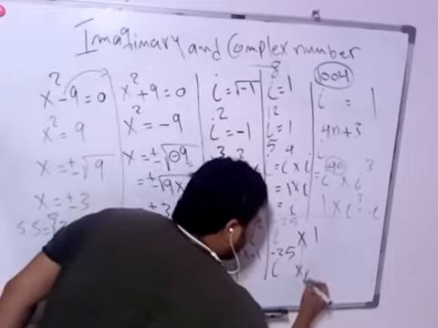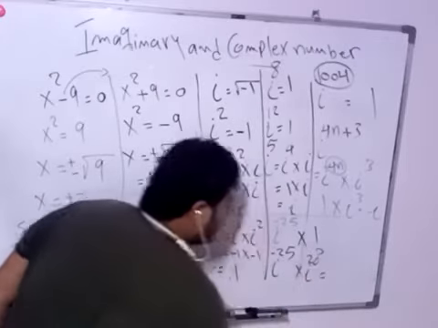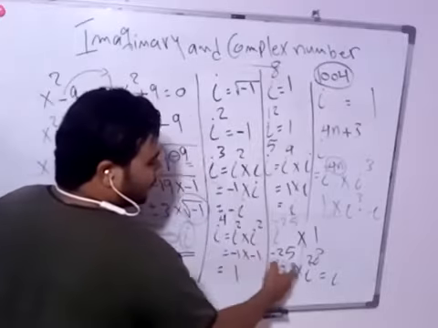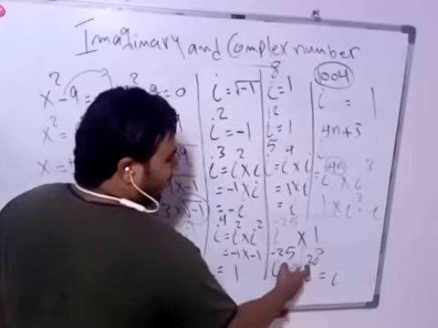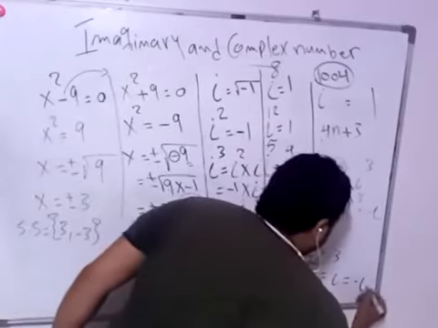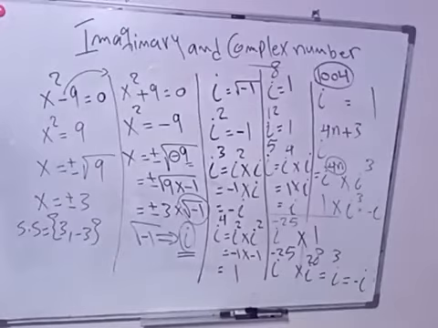So, i to the power 28. So, I add the exponents: negative 25 plus 28 equals 3. i to the power 3 equal negative i. Now let's move to the next point.